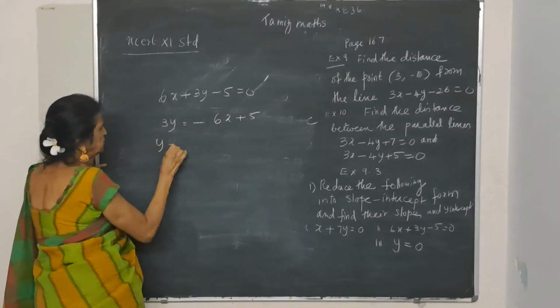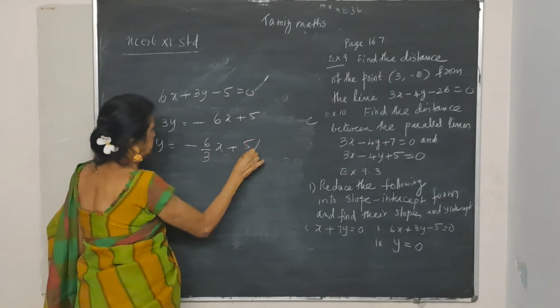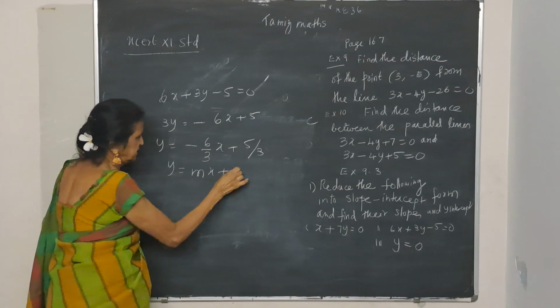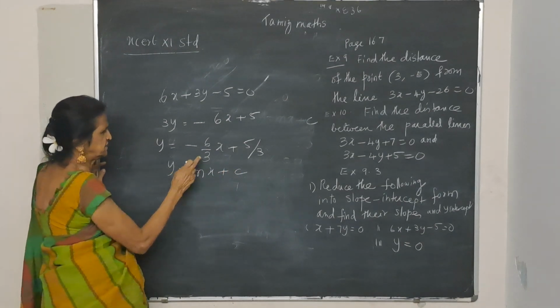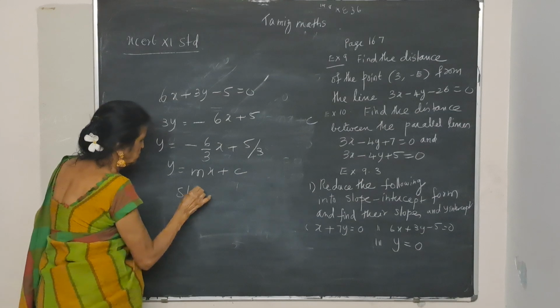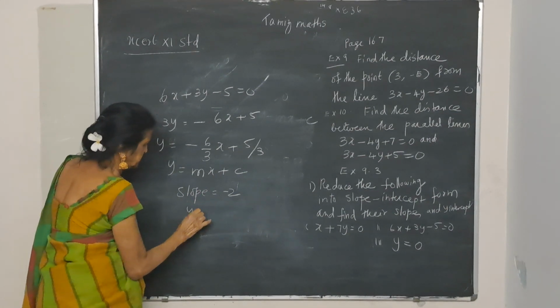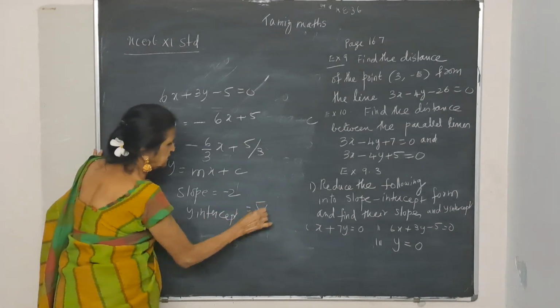So y is equal to minus 6 by 3 x plus 5 by 3. Compare it with y is equal to mx plus c. What is m? Minus 6 by 3. Slope is minus 6 by 3, that is minus 2. And y-intercept, that is c, is 5 by 3.